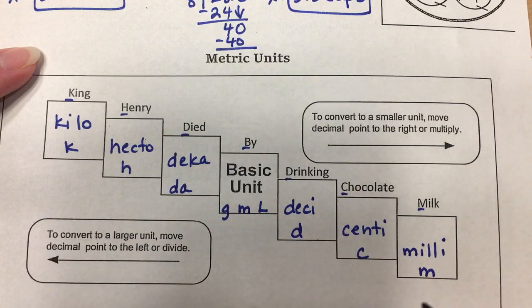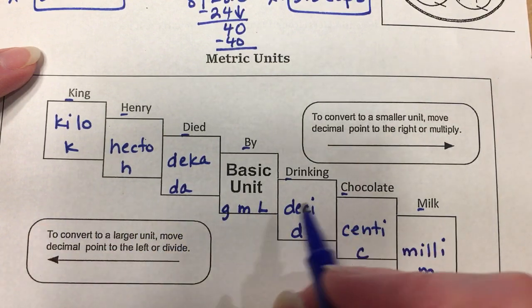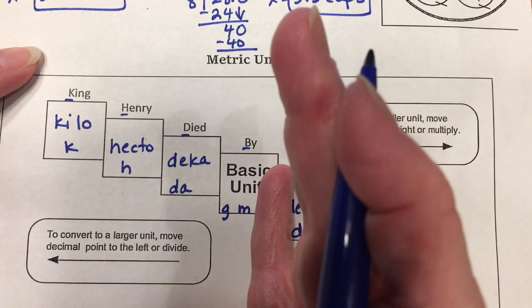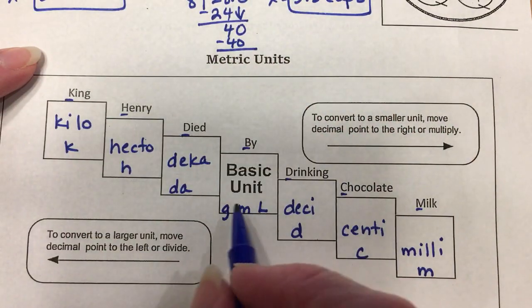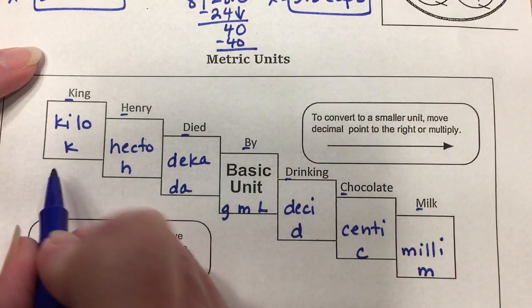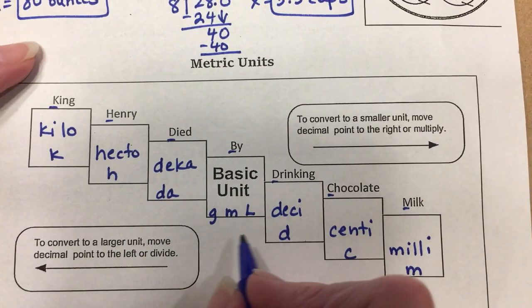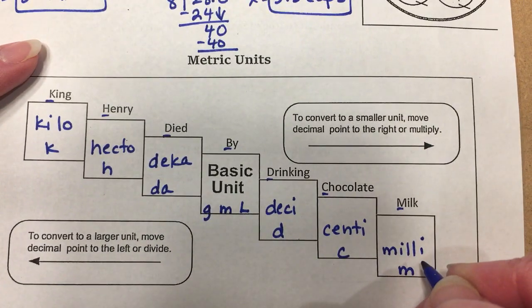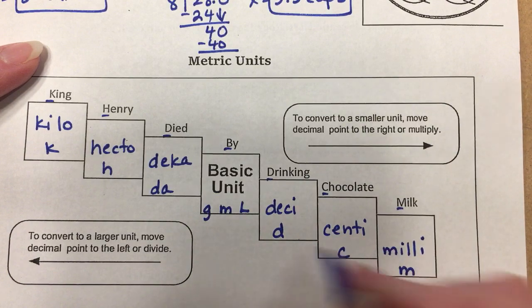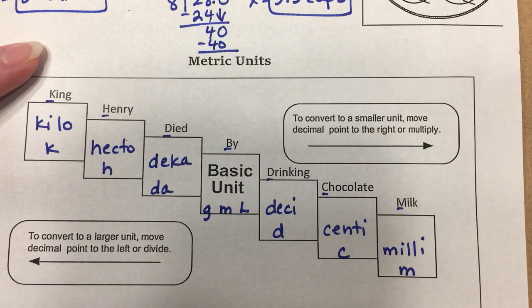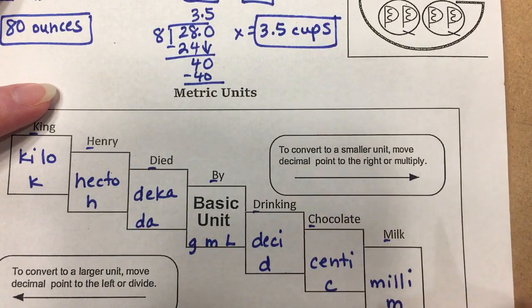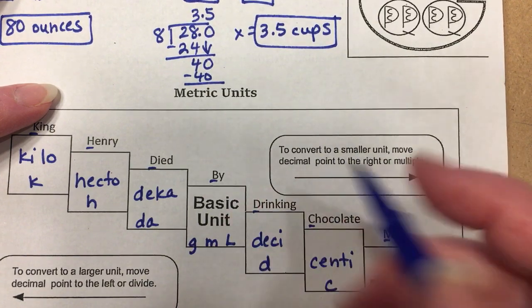And when you're converting within the metric system, basically each step you take is equal to one unit of 10. So if you're going from, let's say, grams to kilograms, then you're getting bigger, and each step you're getting bigger by a multiple of 10. If you're going from grams to milligrams, then each step you take is getting smaller by a factor of 10. All right? So this is kind of the directions telling you what to do.